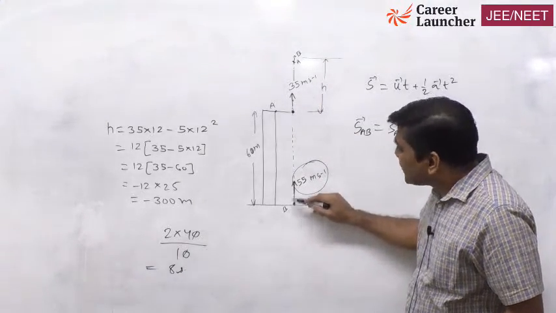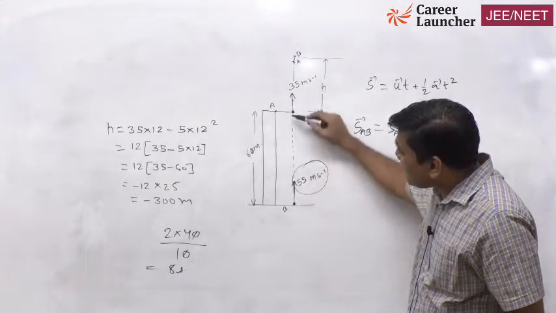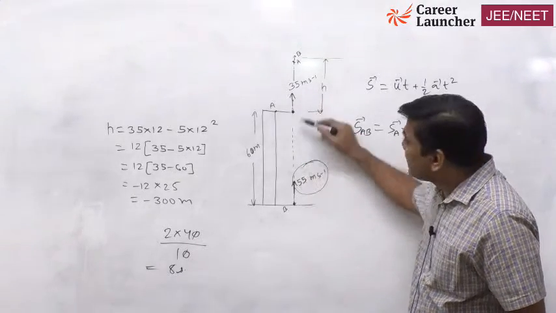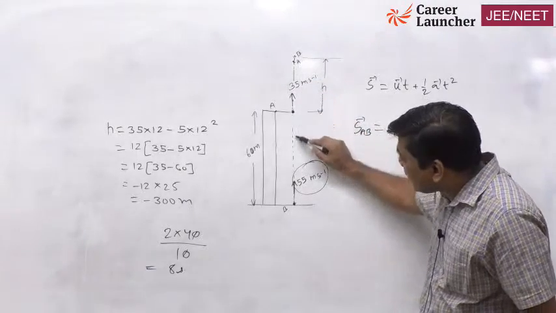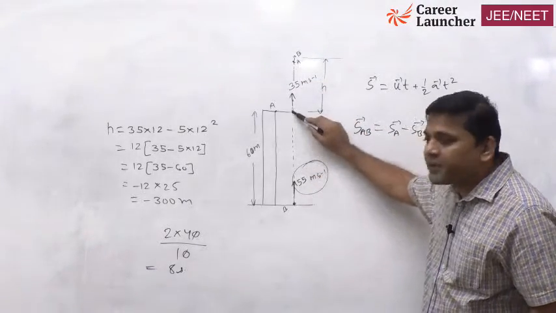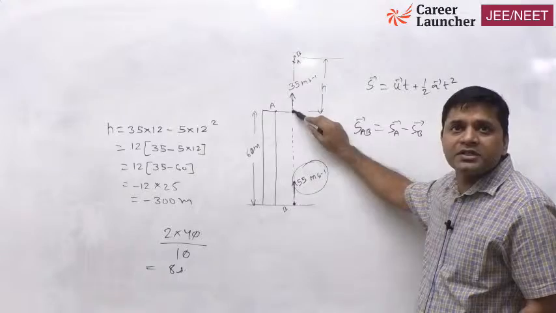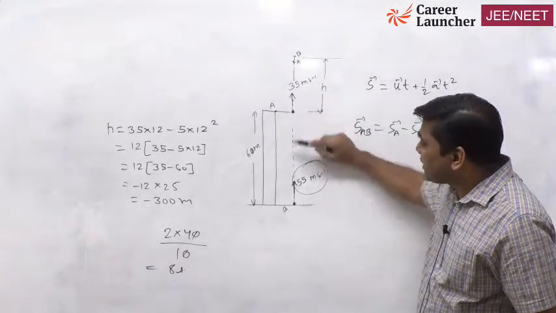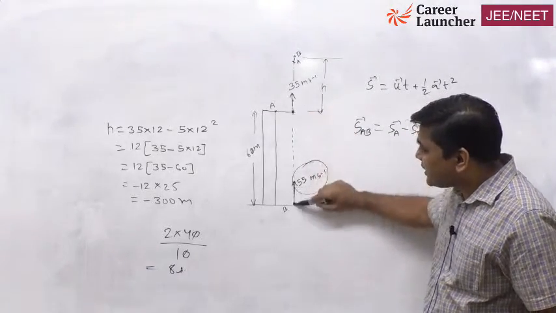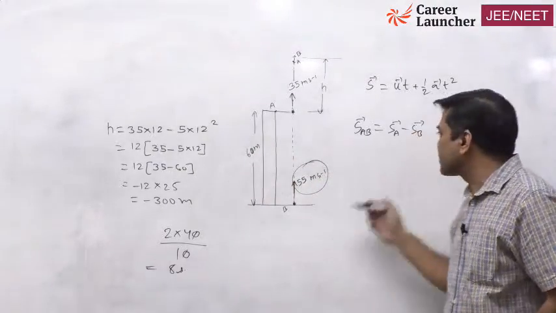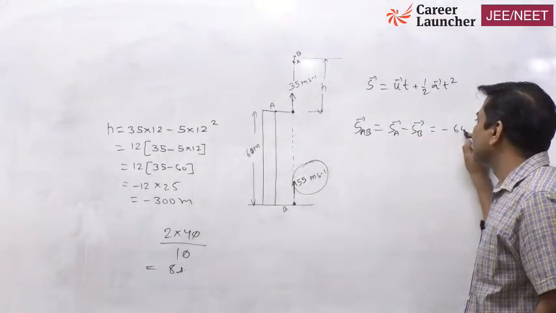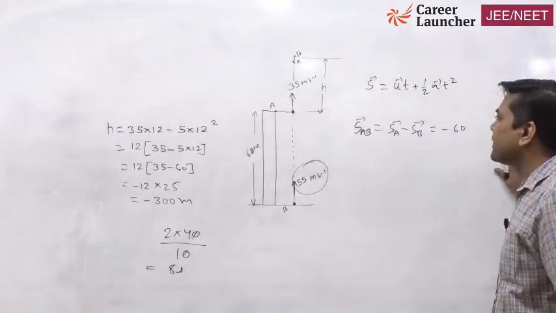So displacement from this point to this point is always minus 60. You can check whether it is going up and coming down, it doesn't matter. Displacement is the shortest distance between the two points. The initial point and the final point, the shortest distance between them is 60, but it is in downward direction, so this is minus 60. You can do it mentally in this case.